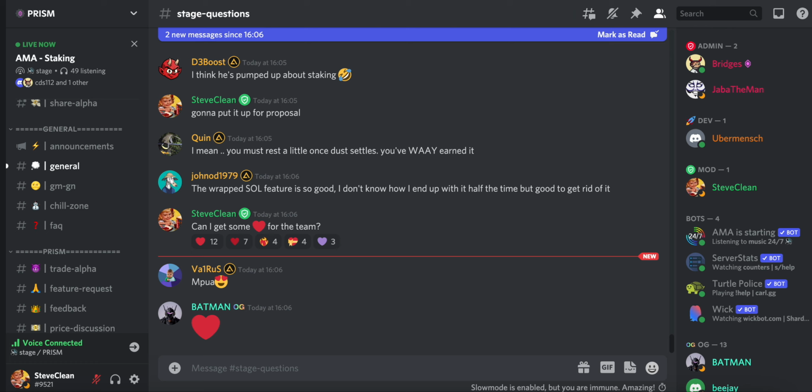If you take a look at our Twitter and scroll down, at the beginning or end of every month, we posted a transaction link and also a picture of how much Prism was burned during that month.